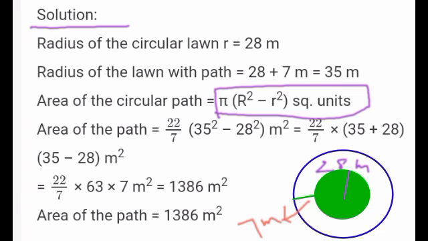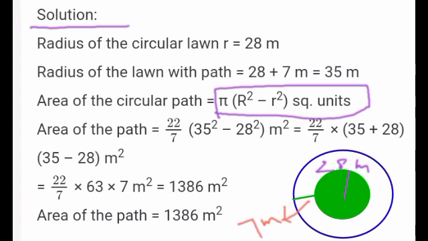That means radius of the inner circle is 28 meter. Next, radius of the lawn with path. Here the path of 7 meter is given. So, radius of the outer circle is 28 plus 7 equal to 35 meter. Capital R is 35 meter and small r is 28 meter.